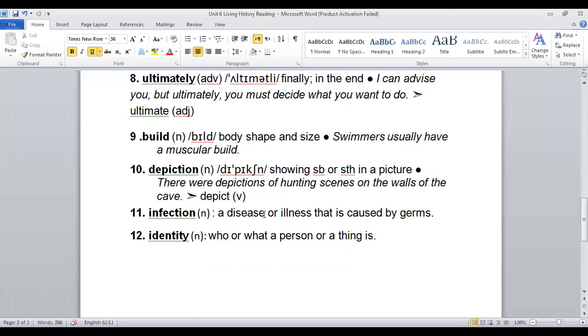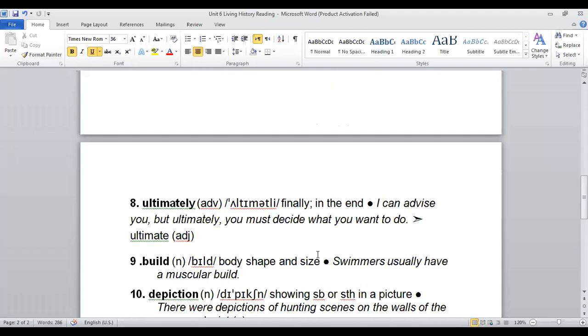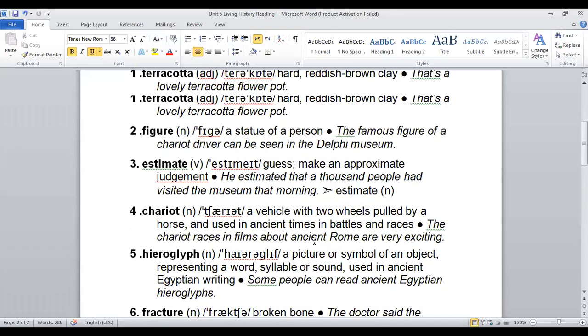Infection means a disease or illness that is caused by germs, by bacteria. And the last word is identity. Identity means who or what a person or a thing is. These are the most important words in our lesson in the reading text.